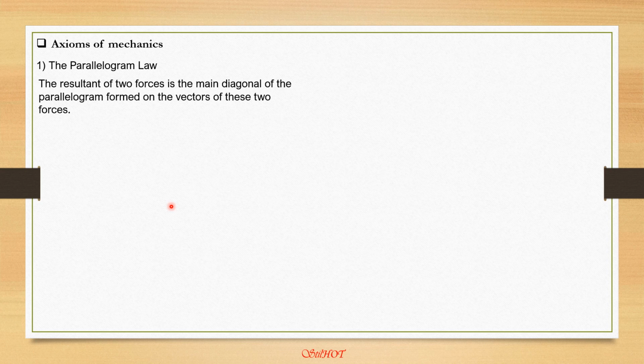making a parallelogram. So from the two forces, you draw a parallelogram. Then the main diagonal is defined as the diagonal drawn from the tail of the two forces to the tips of the free vectors of the forces.